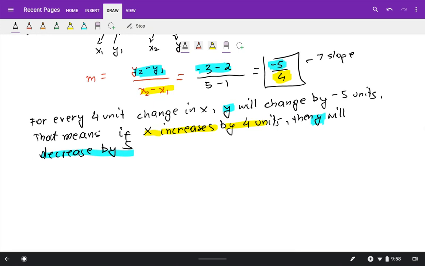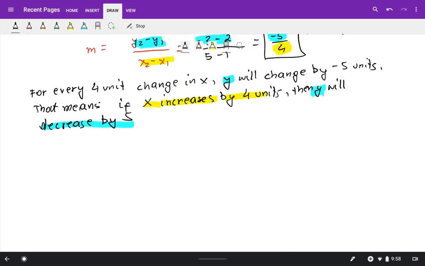Now the next topic will be the different types of slopes. You can have a positive slope, a negative slope, the slope can be equal to 0, or the slope can be undefined.